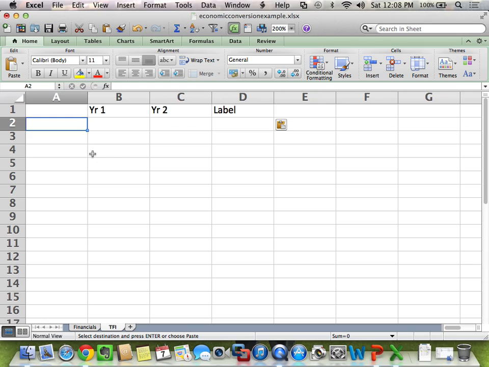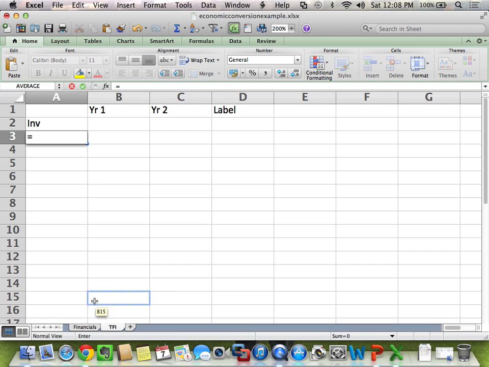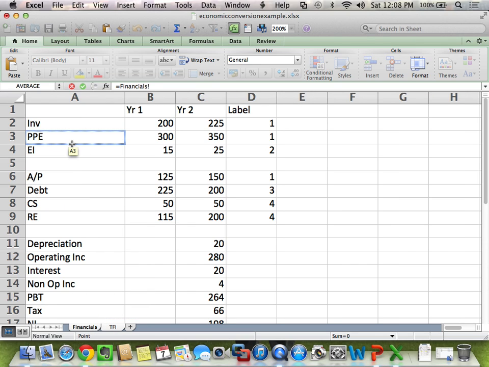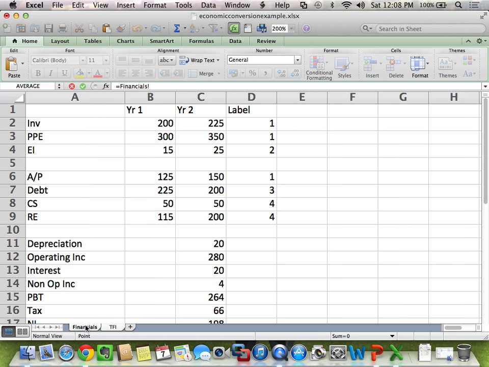And then what I want to do is aggregate all my 1s, all of my 1 assets against all of my 1 liabilities. So what are my 1 assets? Inventory, PP&E, and accounts payable.